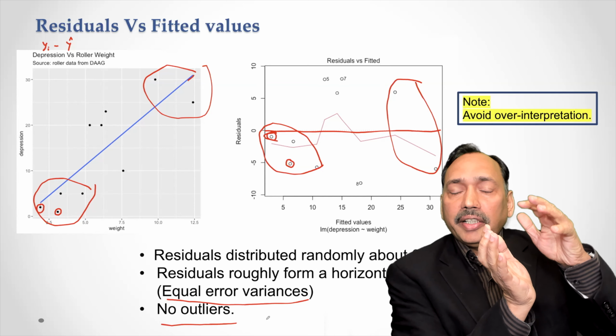Sometimes the tendency may be to look for something which doesn't exist. For example, hypothetically, if I ignore this point for the time being, it may look like there's a pattern here, something like this. That will obviously be over-interpretation, and especially with less data, we should not over-interpret.